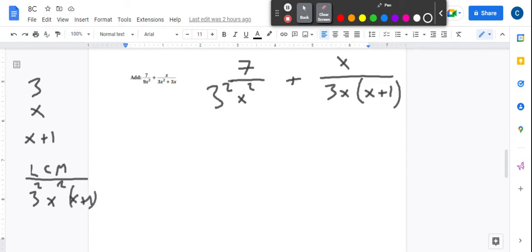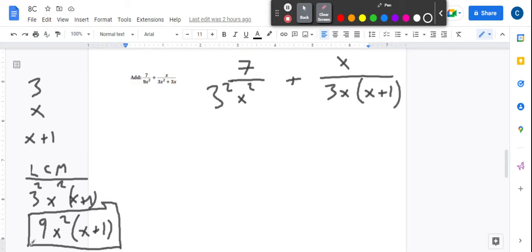Simplifying it down, the least common multiple is going to be 9x squared times x plus 1. That's going to be our least common multiple, and that's going to be our common denominator: 9x squared times x plus 1.